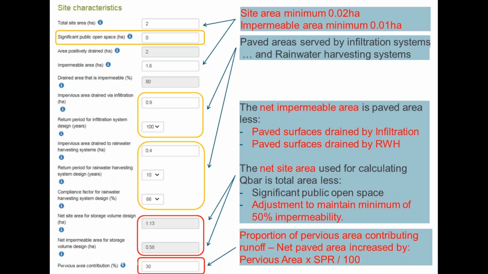So what I have added is a proportion of the site that is pervious that can be considered to be continuing to contribute runoff to the drainage system, and therefore you can assume that the remainder of the pervious area is not contributing to the drainage system. So the whole approach is to try and persuade a common approach to still use a net site area rather than use just the impervious surfaces.